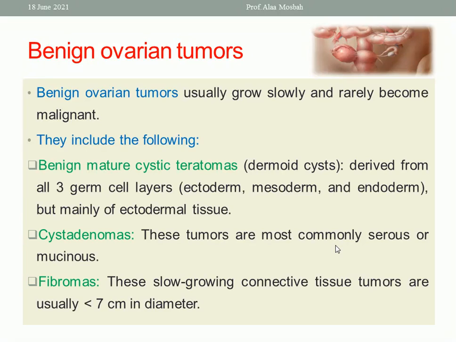Cystadenoma, and we have 5 types of cystadenoma: serous, mucinous, endometrioid, clear cell, and seromucinous. And fibroma, which is a slowly growing solid ovarian tumor, benign, and usually less than 7 centimeters.